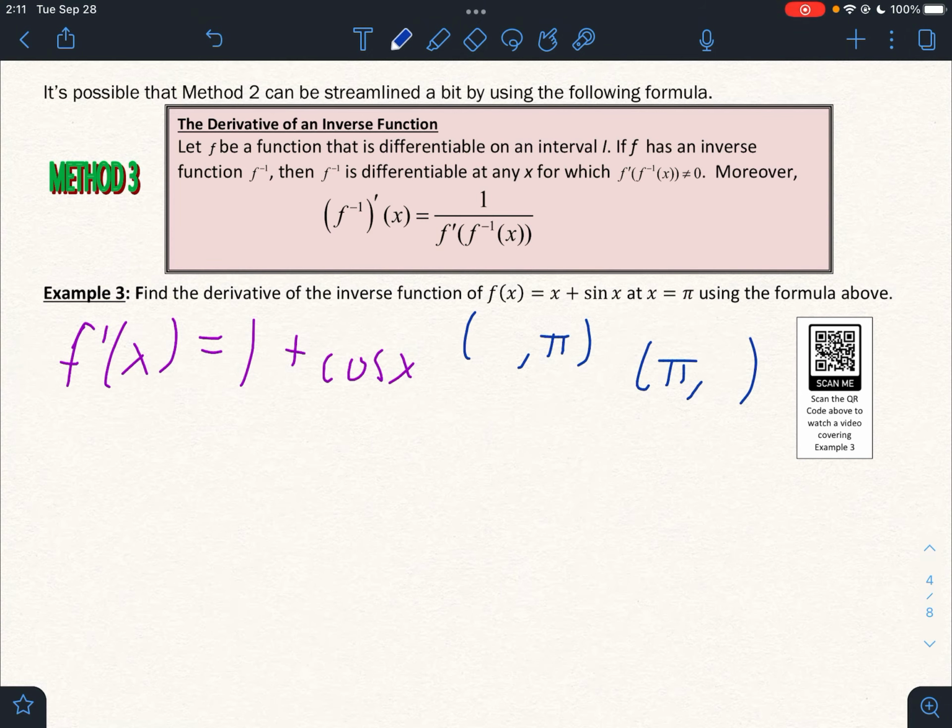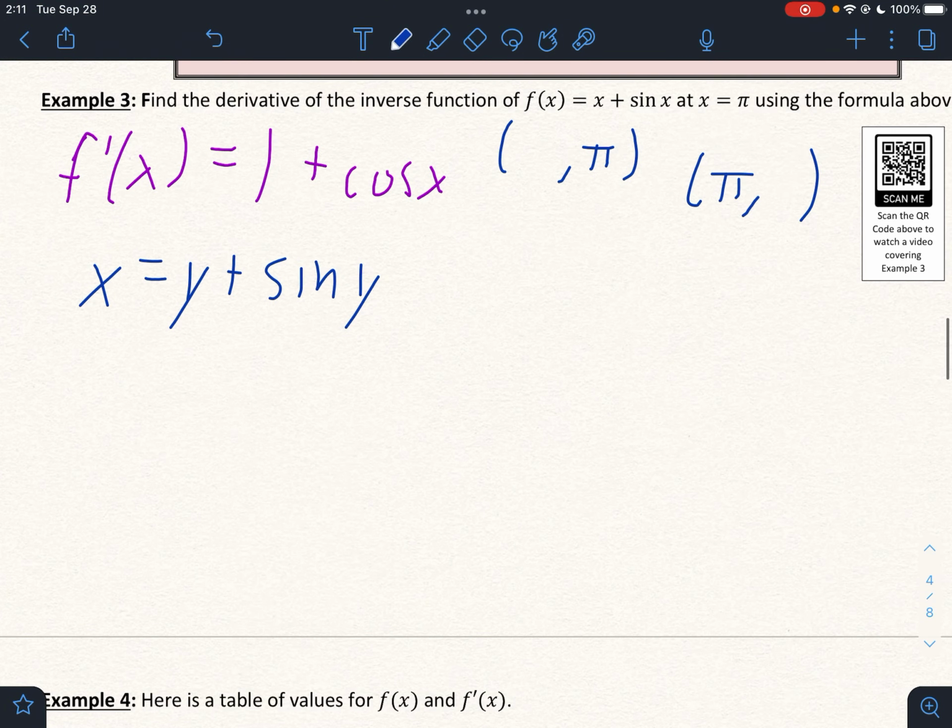Another way of thinking about this would be if we took the inverse of our original function, so f inverse of x. Actually, let's go back a step. Let's just go ahead and exchange x and y here first. Now we can see our derivative there. And again, on the actual inverse, pi is your x coordinate, right?